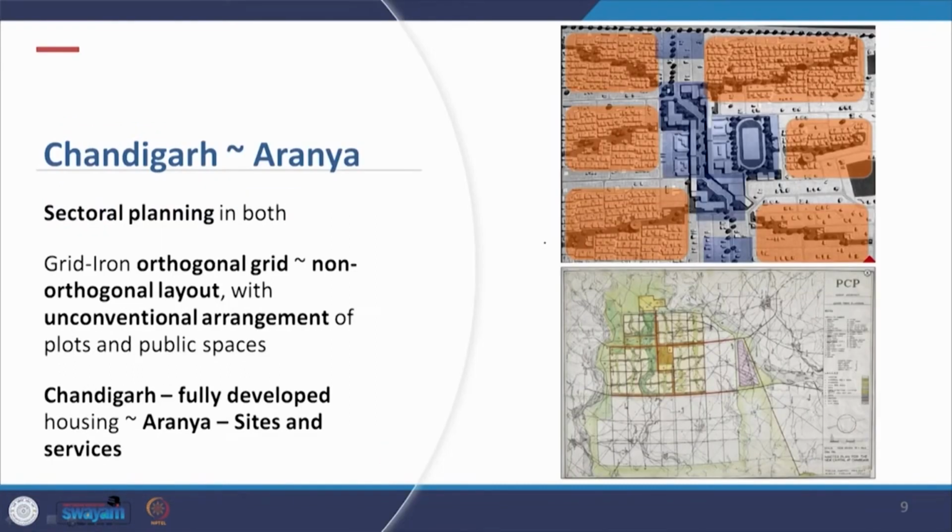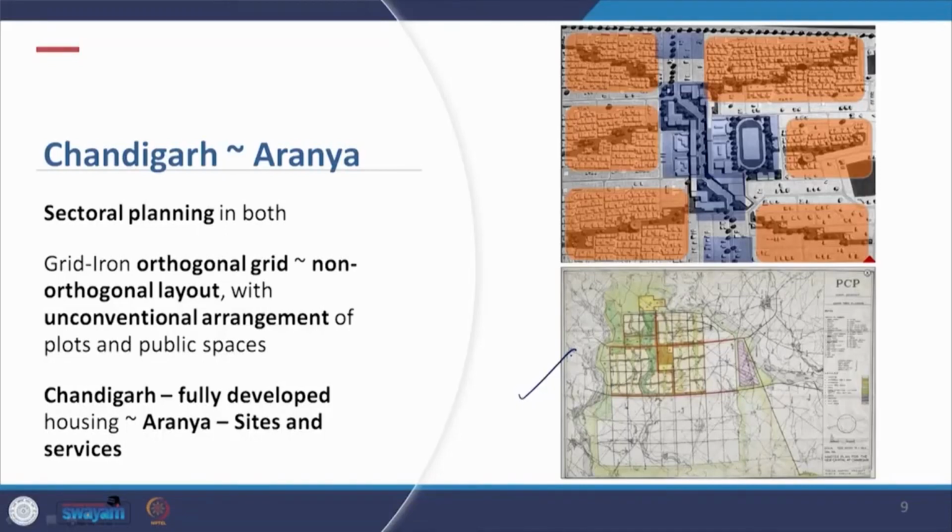Now, sectoral planning is evident in both Chandigarh and Aranya. But let's look at the differences. In Chandigarh, we have a grid-iron orthogonal grid that you see here, and I am not comparing the size, because Chandigarh is a city. Aranya is just a project in a city, but I am looking at the concept of the planning itself.